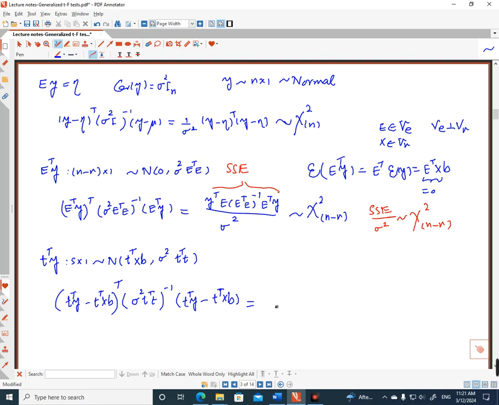Like above, in similar fashion, I can write it as y minus xb transpose t, times the inverse, t prime y minus xb, divided by sigma square. Sorry, I use small t, and capital T is for transpose notation, so it's small t to make the difference. Then according to the third lemma, it has a chi-square distribution with s degrees of freedom.